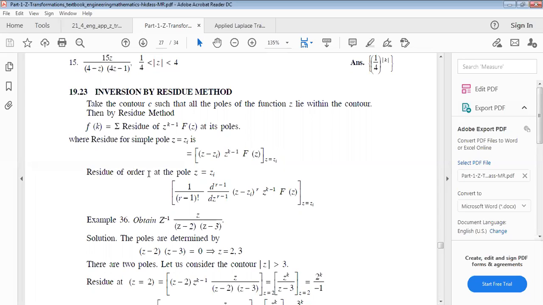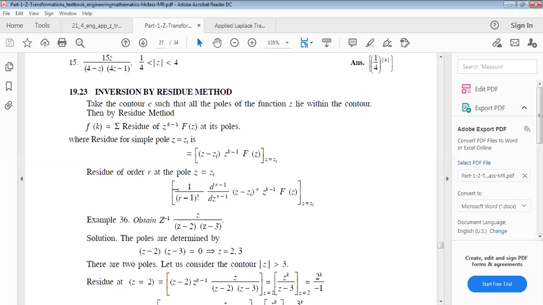Now the residue of order r at the pole z = zi can be written as 1 by (r-1) factorial times the (r-1)th derivative with respect to z of (z - zi)^r z^(k-1) F(z), evaluated at z = zi.